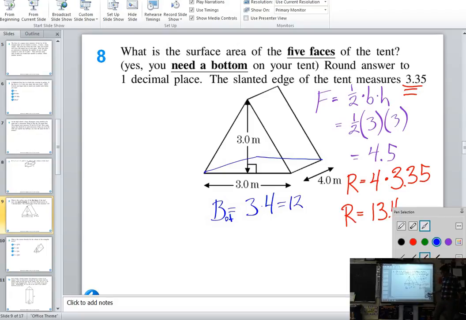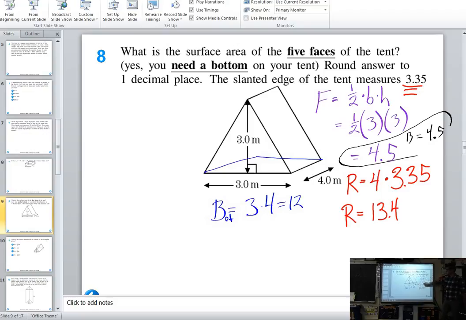Now, which of these faces have matching pairs? Like another face that is identical to it. Josh? The front and back and the side. So the front and back, if the front's 4.5, then the back is also 4.5. And I'll need both of these. So front equals back.